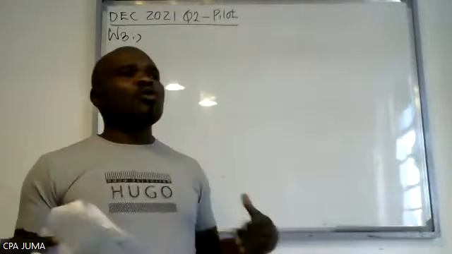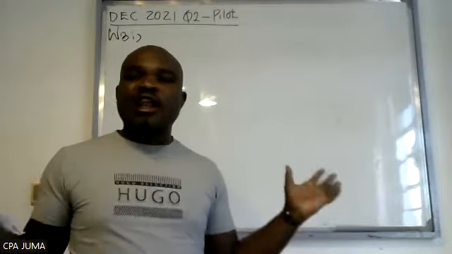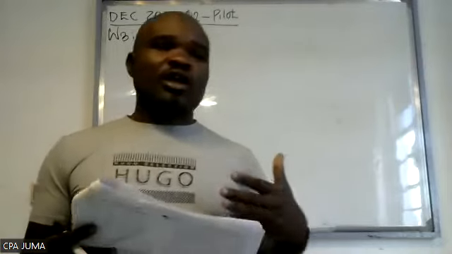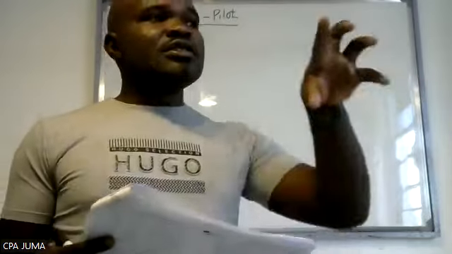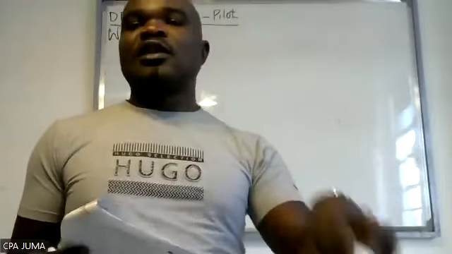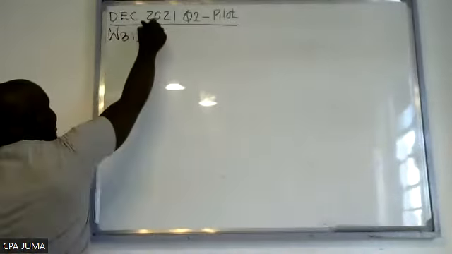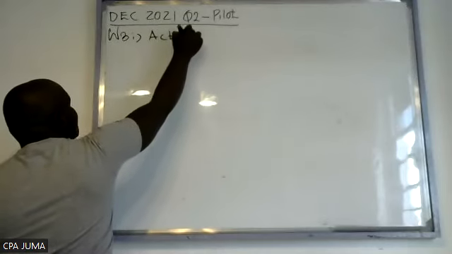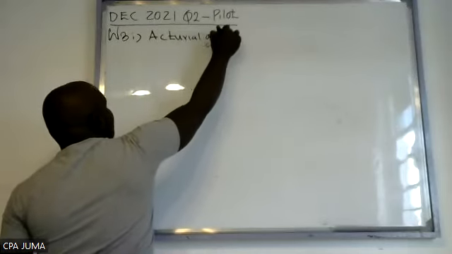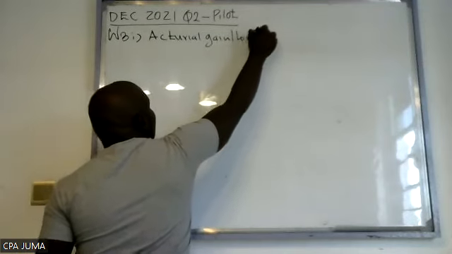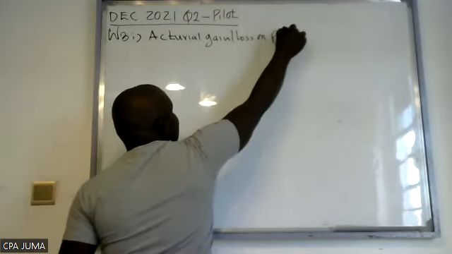That's why we call it. So unajua kuna mtu ukisema plan asset, mtu anachoka. Hapana, plan asset is the amount you have invested in that scheme. So I want us to check actuarial gain or loss on plan assets.